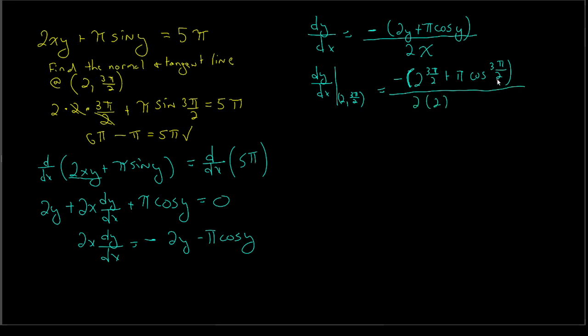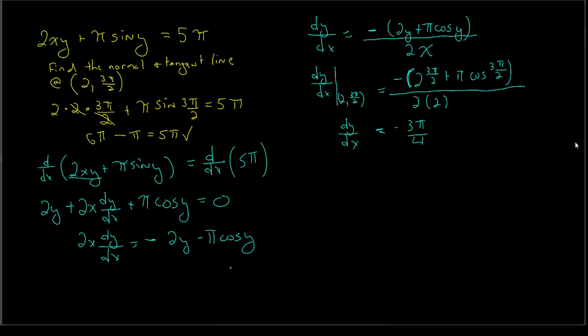Well, the cosine at 3π/2 is 0. And so we're going to get negative 3π over 4 as our slope.